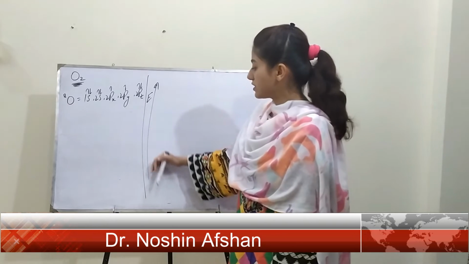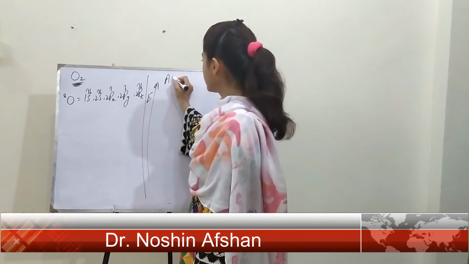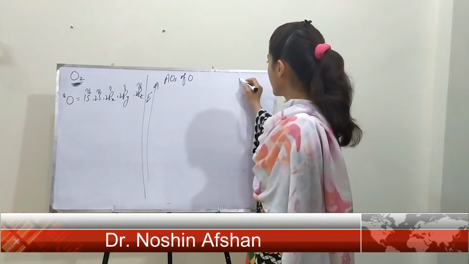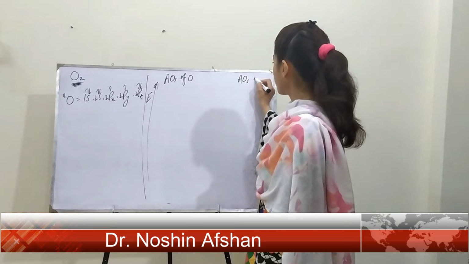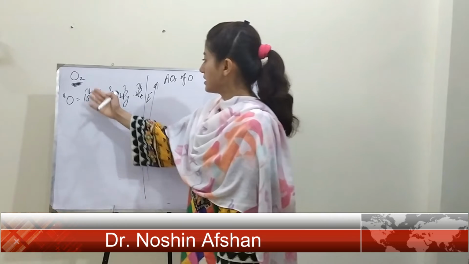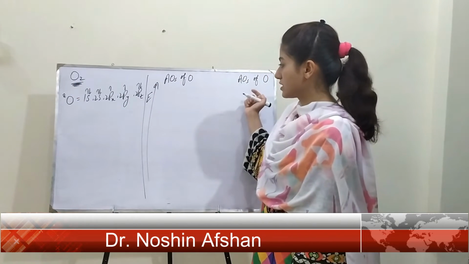Here the energy level increases from bottom to top, and here the atomic orbitals of one oxygen atom, and here the atomic orbitals of the other oxygen atom, because here it is O2, so one oxygen atom and the second oxygen atom.